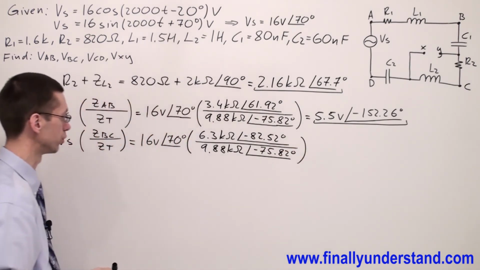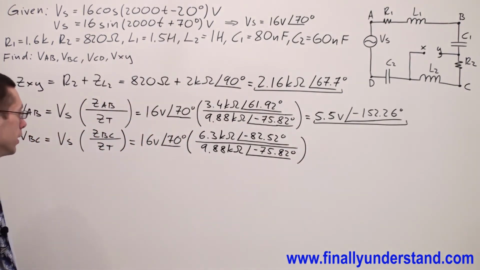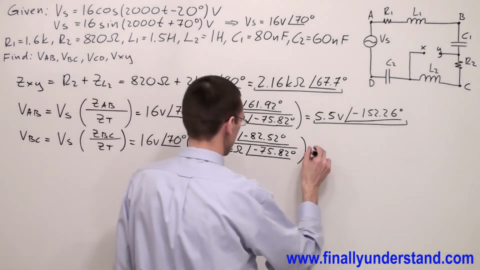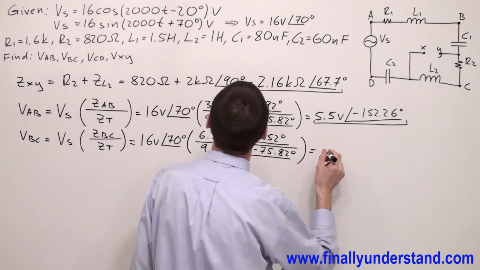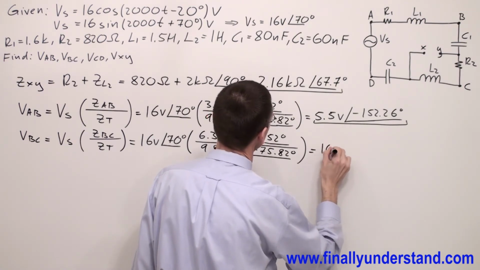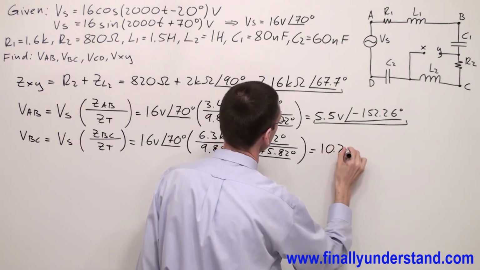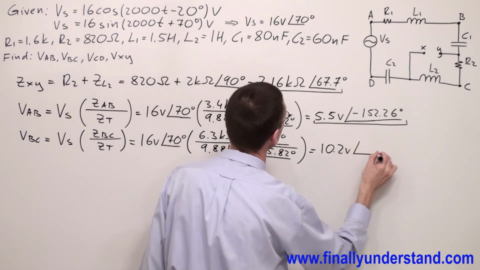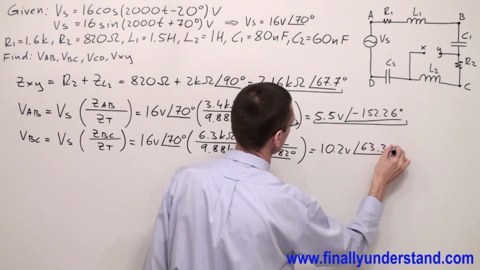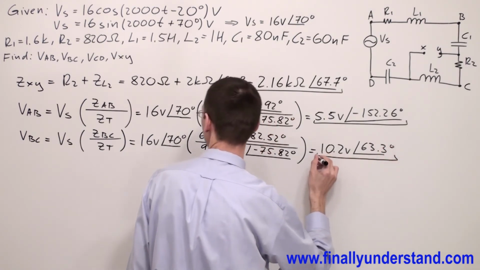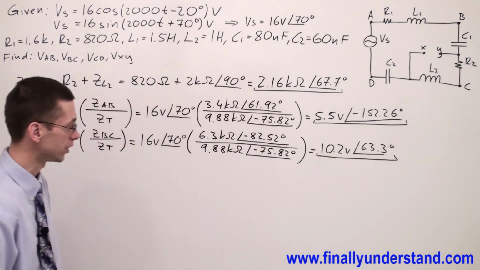Again, you're supposed to use the calculator, and the value of VBC has to be equal 10.2 volts and angle of 63.3 degrees. Okay, so this is the voltage BC.